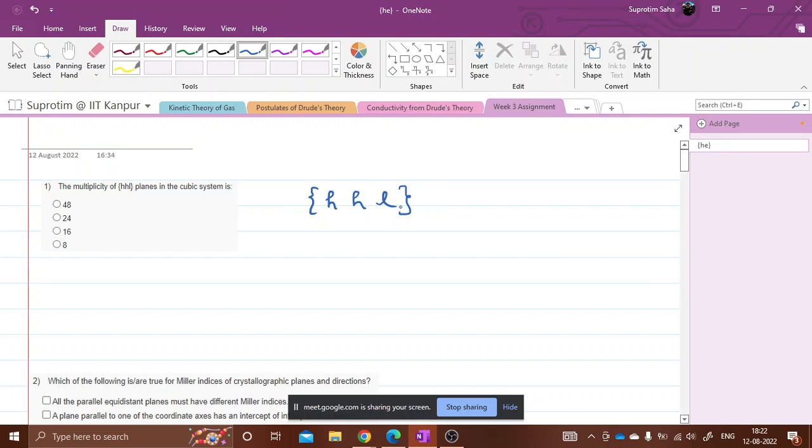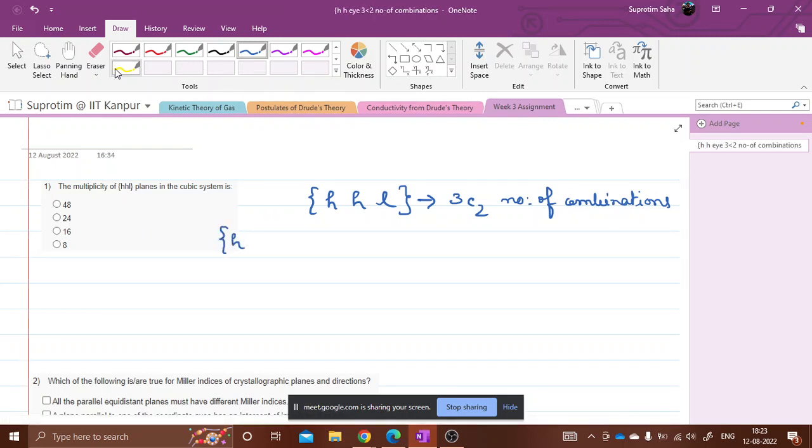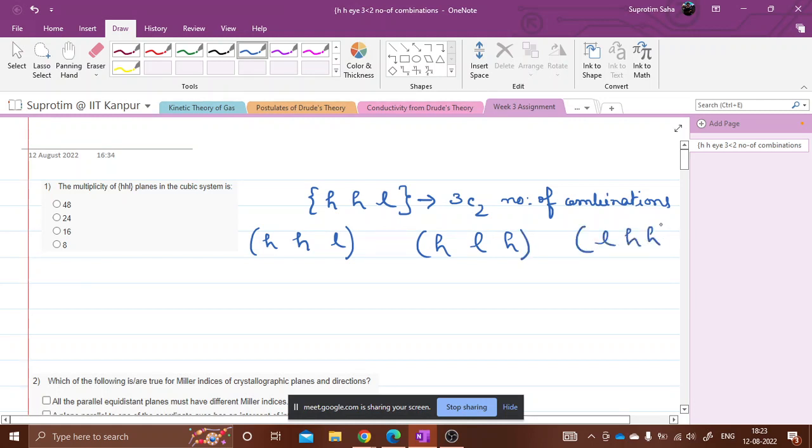So there's a trick to this problem. This combination is 3C2 number of combinations, right? It can be H, H, L, it can be H, L, H, and it can be L, H, H, right?